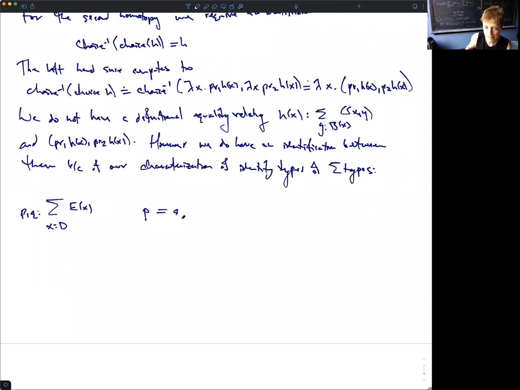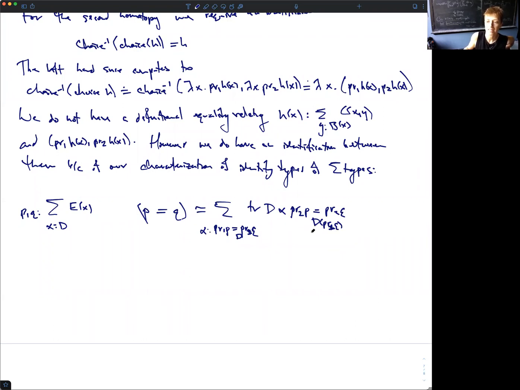Then the type of identifications in the sigma type is equivalent to, on the one hand, an identification between PR1 P and PR1 Q. These are terms of type D. Or I could transport in the family D the data of such an identification alpha, and then PR2 P to PR2 Q. So this is in the family D of PR1 Q. And so we had an equivalence between identity types and sigma types that looked like this.